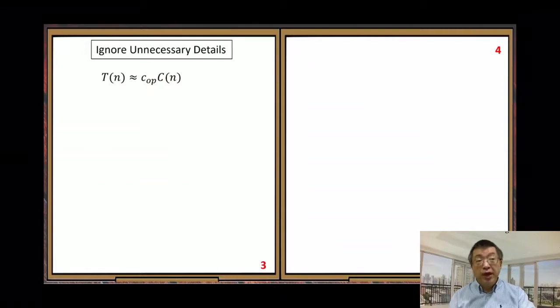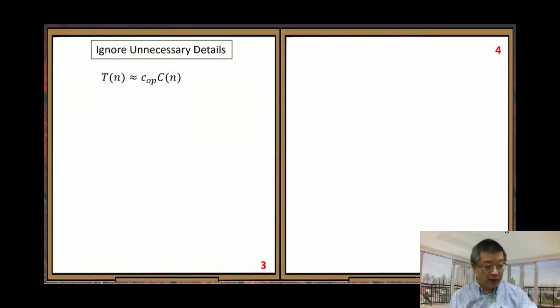Because we do not want to get a lot of distractions. We want to eliminate all the possible distractions and focus on the most important part in the efficiency measurement.